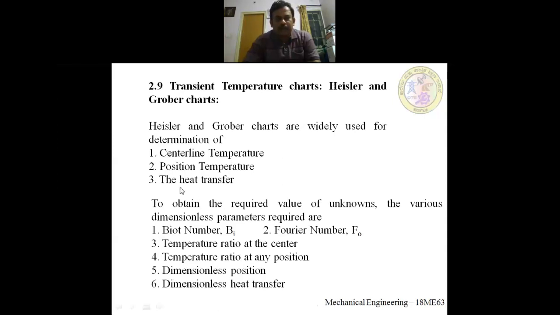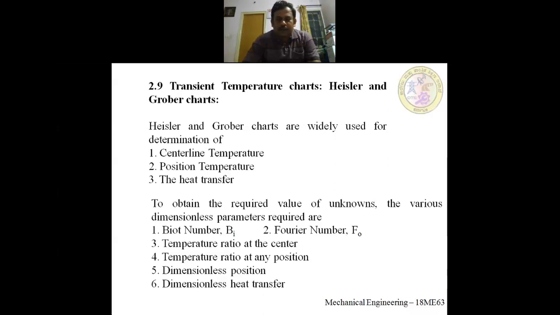And the third chart gives you the heat transfer parameter. The values obtained through these charts are only approximate, not exact, because these charts have logarithmic scales.